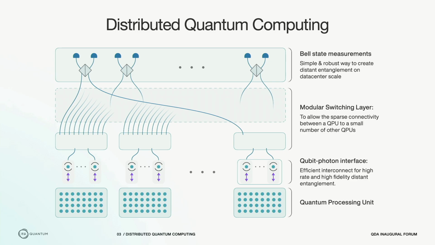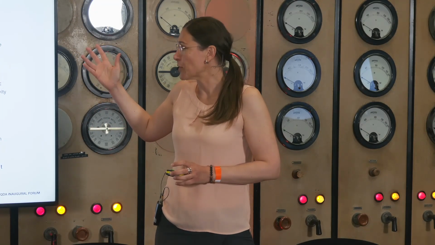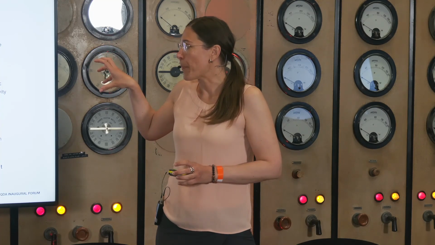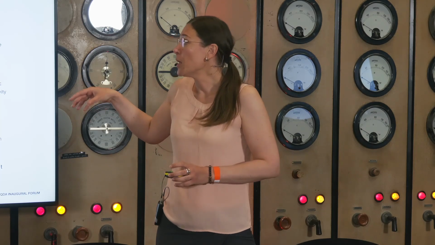Then the idea is that you'll need to build above these a switch layer. What our architecture work tells us is that we only require a handful of connections between one QPU and any other QPU.